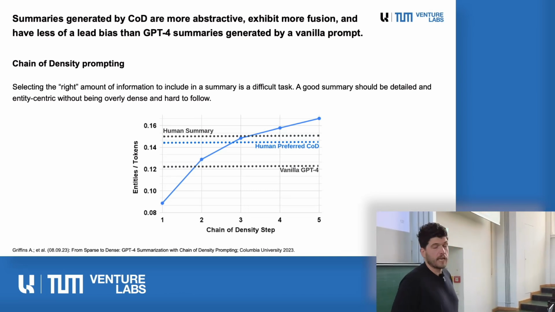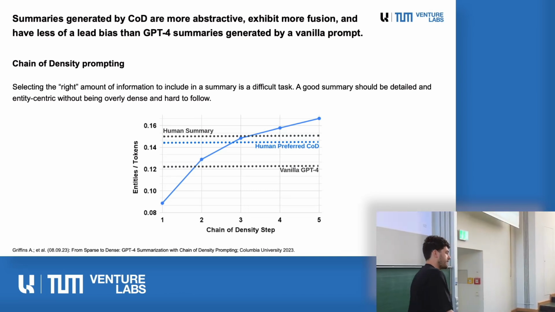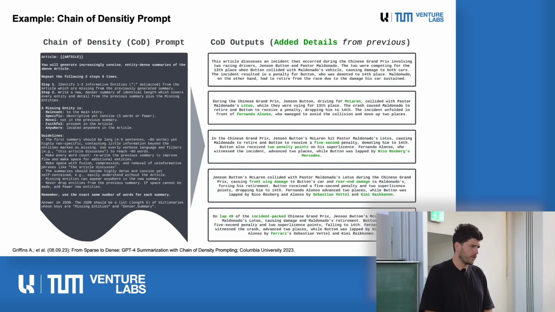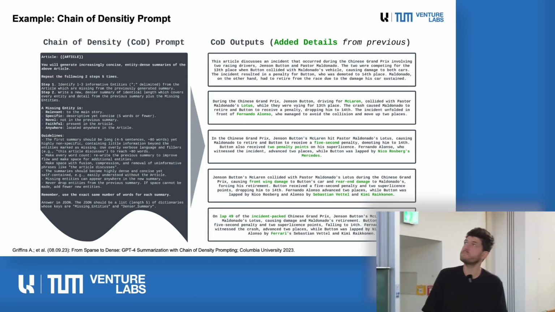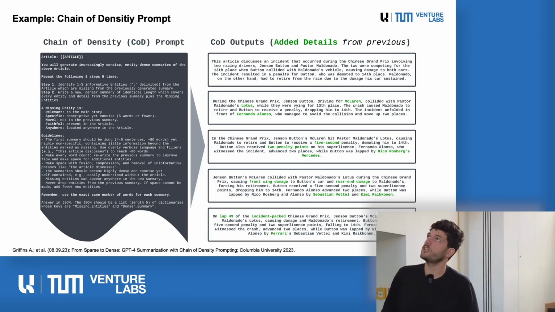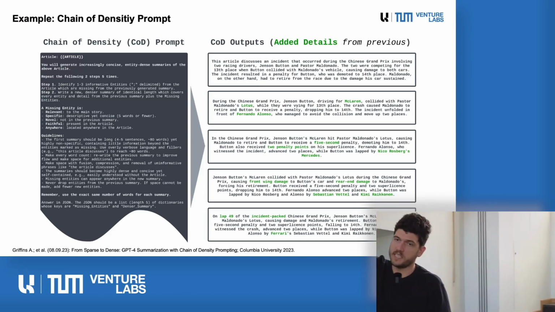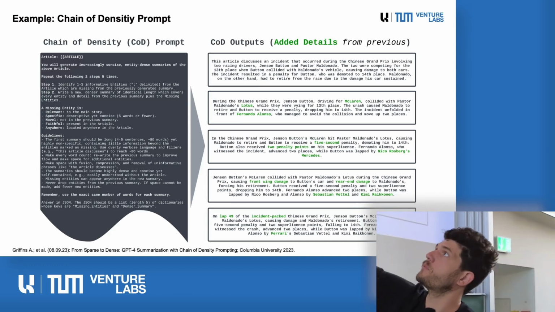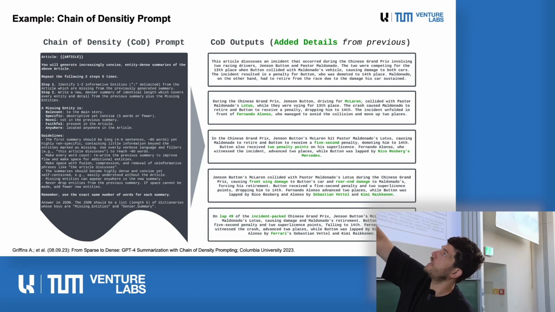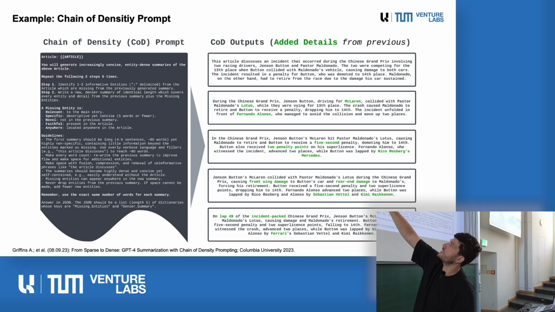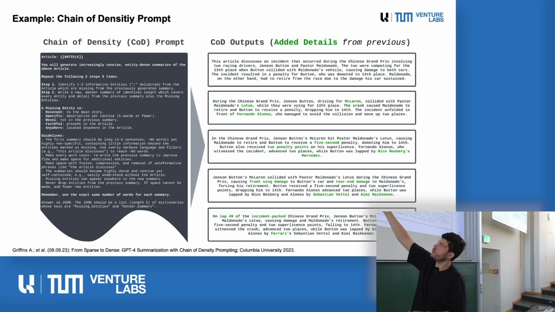By the way, this also happens with feedback. The more feedback cycles we have, the worse a human's work gets. So chain of density prompting could look like this. We give it a very elongated prompt, saying repeat 1 to 3 information entities, and you can read through this at home.